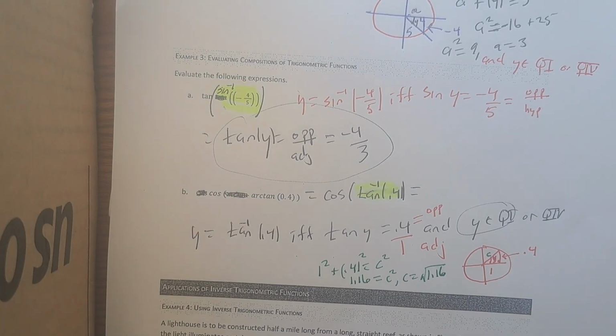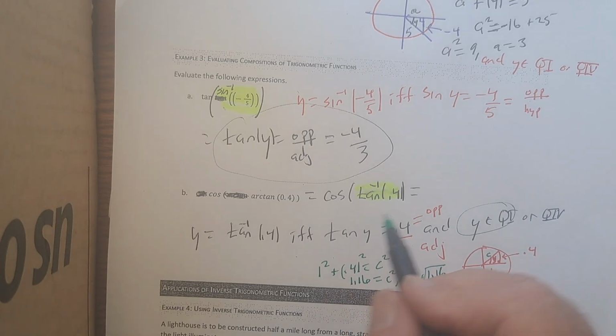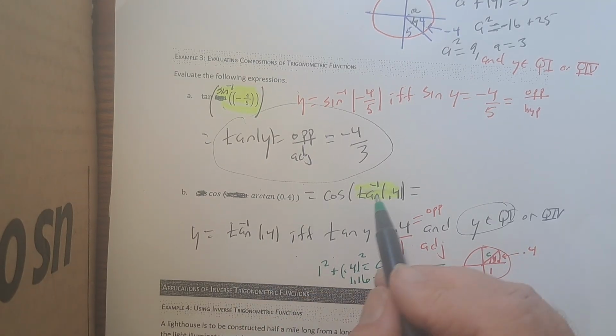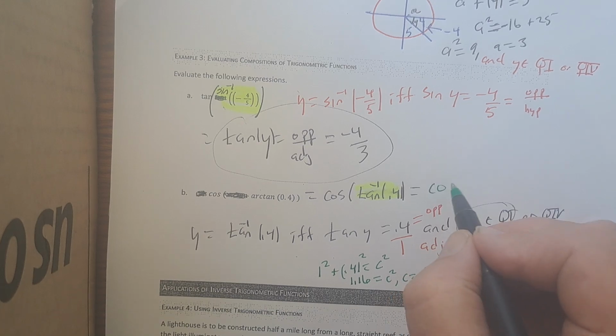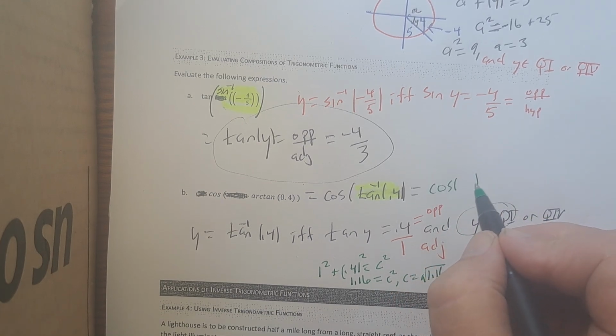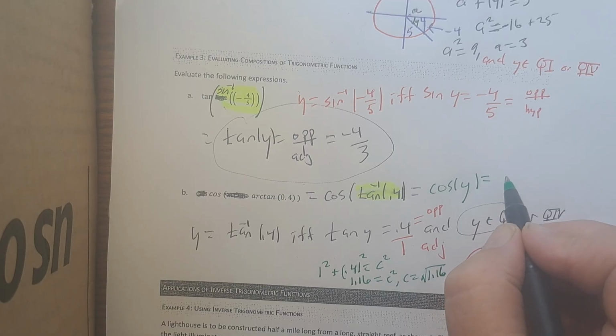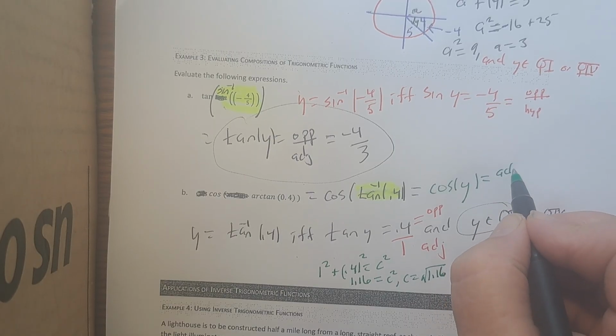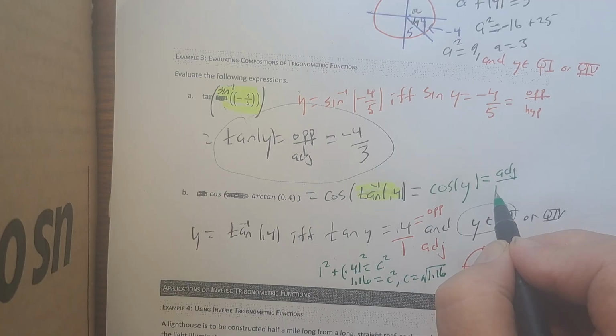All right, so now I know this hypotenuse, and I can say that I'm doing the cosine of y, because I named y the inside part. Cosine is adjacent divided by hypotenuse.